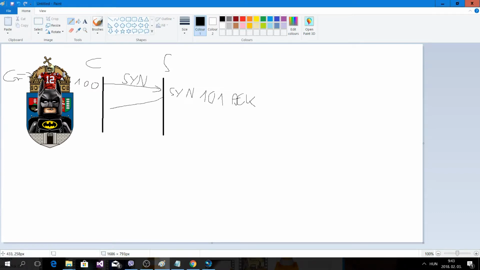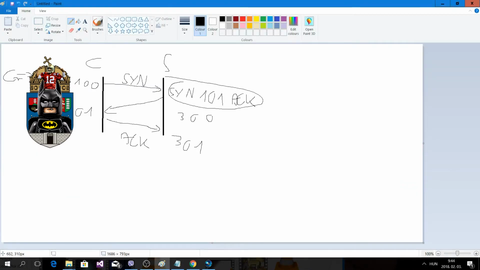So it will send back the acknowledgment, where the sequence number will be 101, and the client will simply acknowledge it. Of course, the server will have its own sequence number, which will be 300 if I remember well, and the client will acknowledge 301. This is the handshake process. They exchange every piece of information during this process, and basically that's all about it.